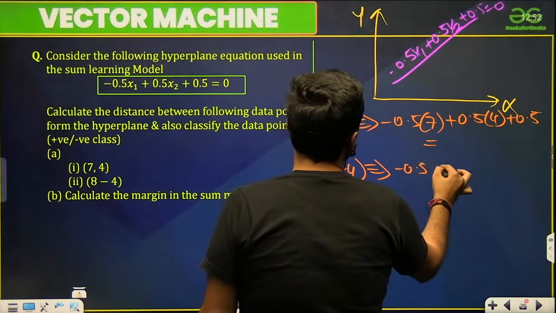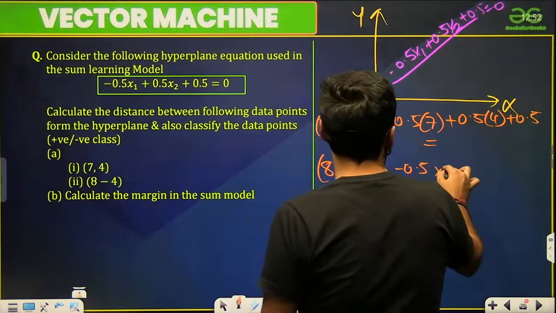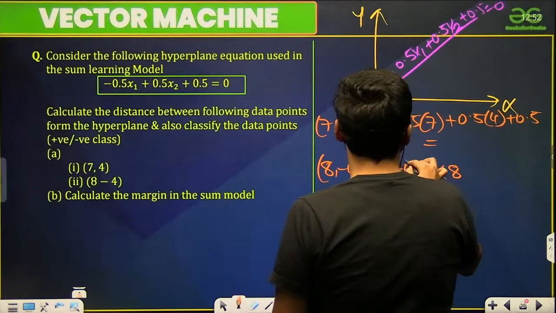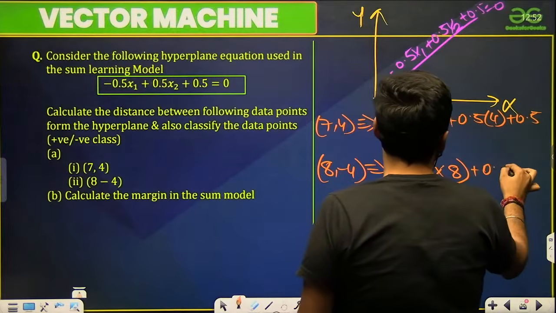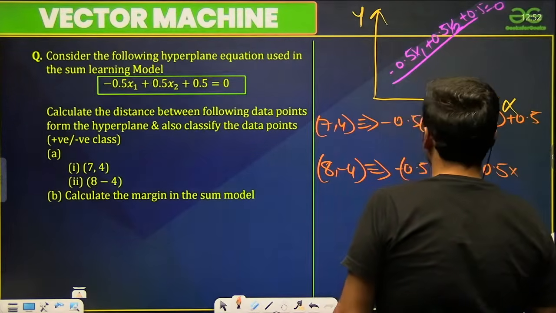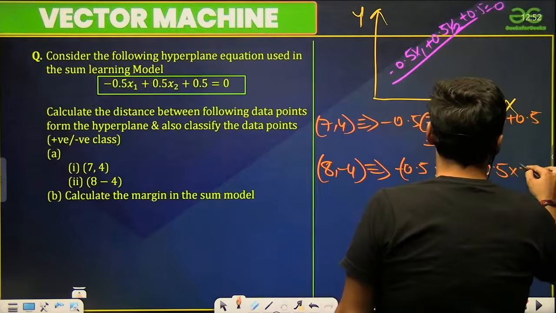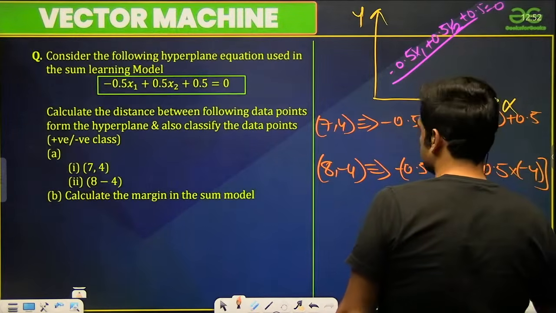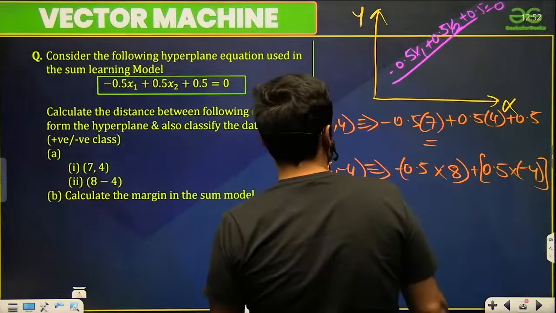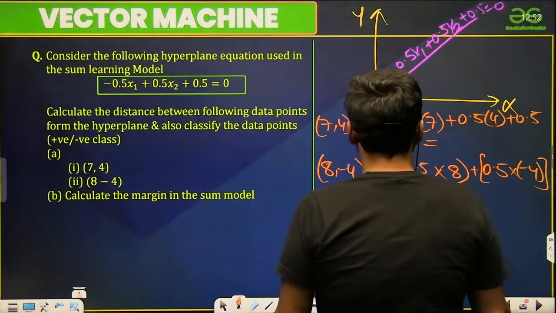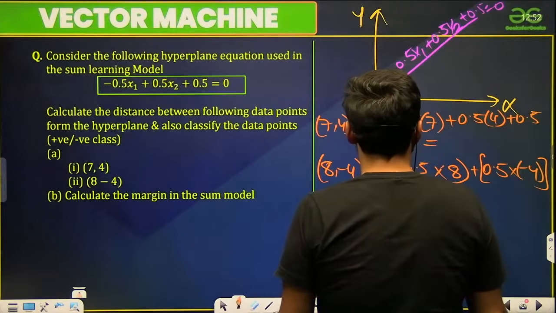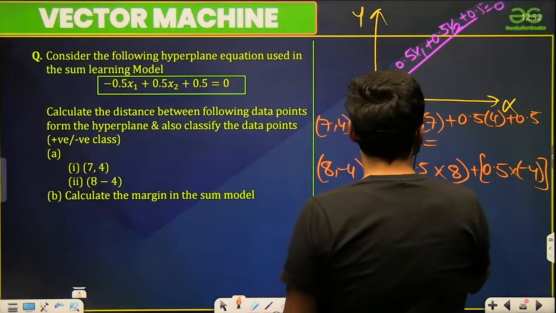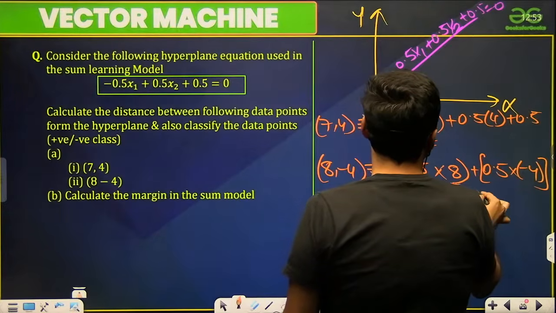Negative of 0.5 into 8 plus 0.5 into negative of 4 plus 0.5.